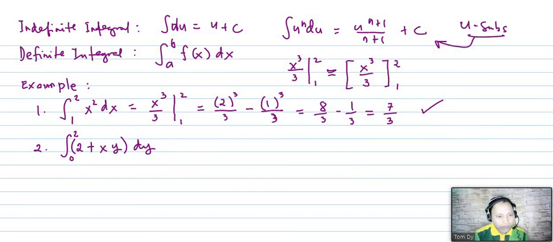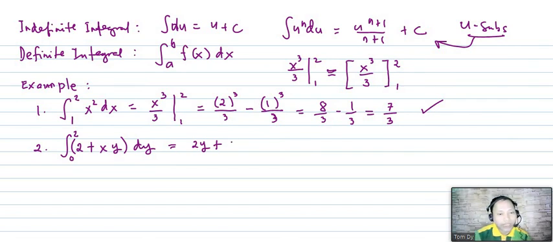So when we solve this one, integrate 2 dy, that is 2y, with respect to y. And then we have x plus, you have to consider x as a constant because this is dy, so you only integrate y.